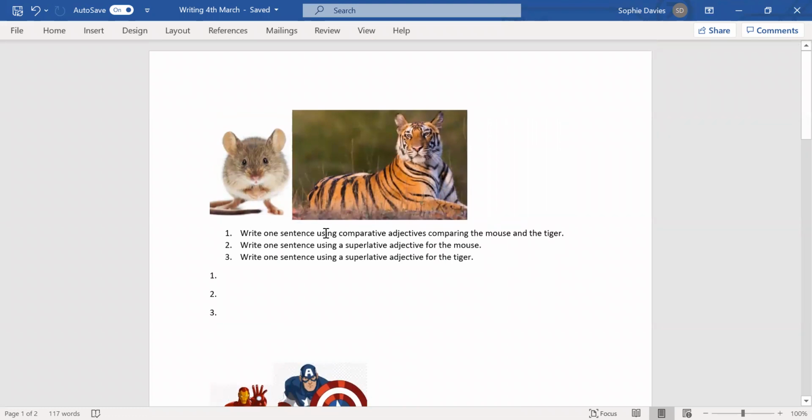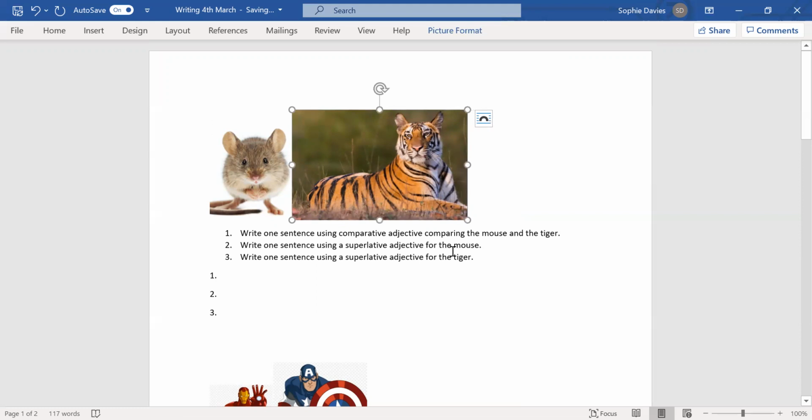You have to write one sentence using a comparative adjective, comparing the mouse and the tiger. So think about comparing these two, what's different about them, okay? And then write your sentence one here. And then one sentence using a superlative adjective for the mouse.